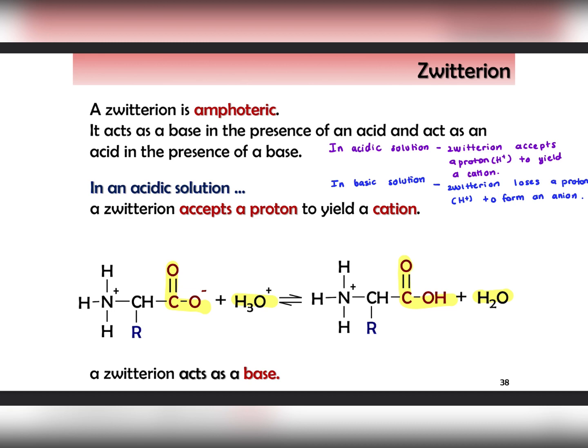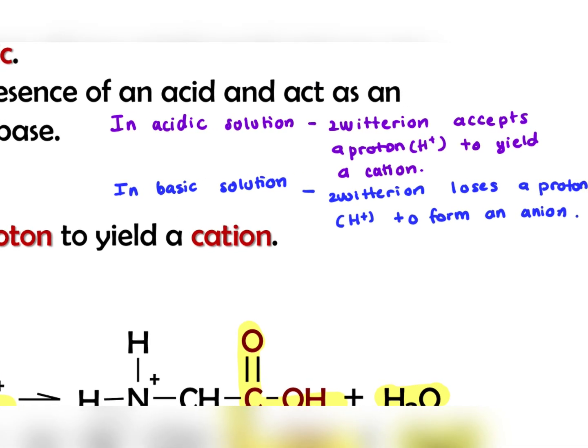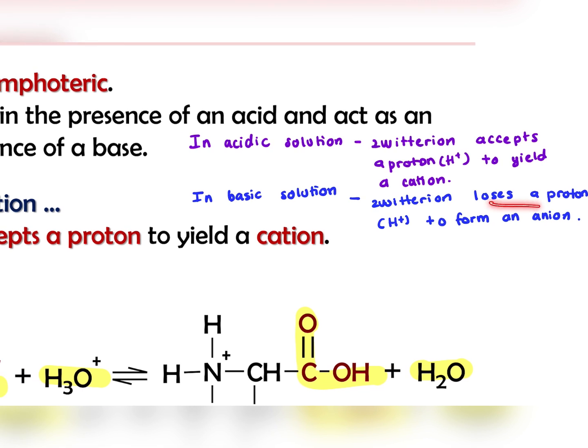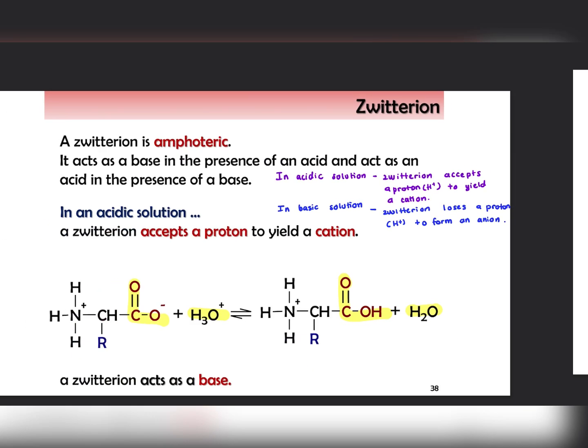Okay, so in simple words, okay, you can see here in acidic solution, zwitter ion tu dia akan act sebagai base sebab dia akan accept proton to yield a cation. Okay, tapi kalau dalam basic solution, dia akan lose a proton, so maksudnya dia akan menjadi acid lah, to form an anion. Okay, so kita akan tengok these two nanti later.